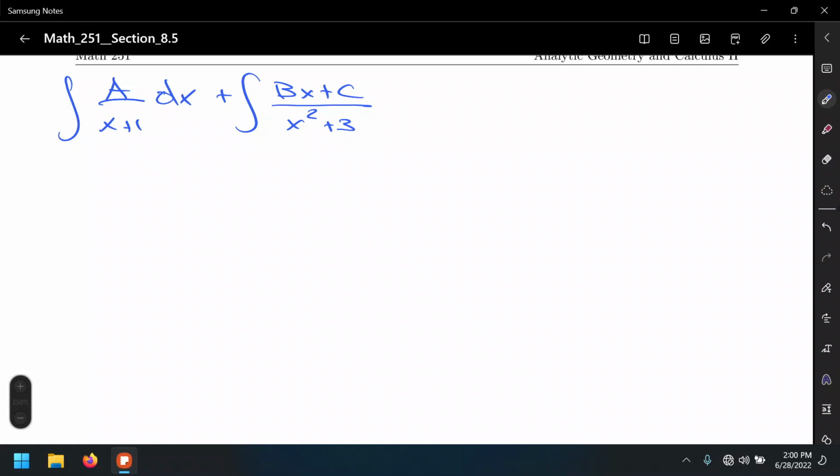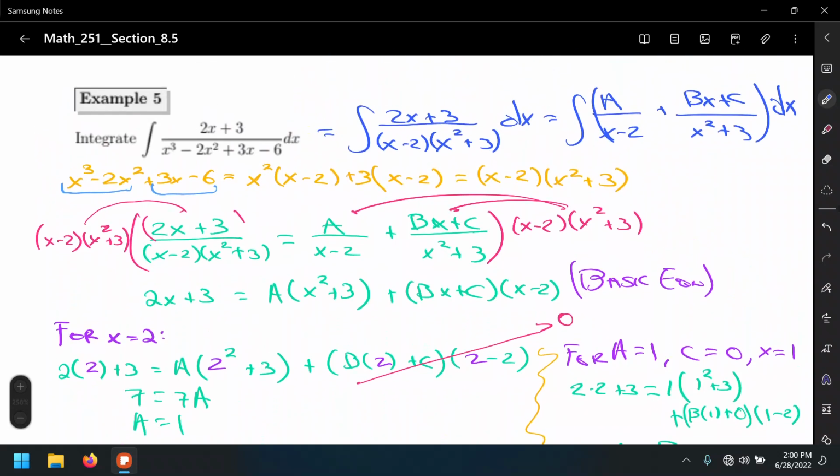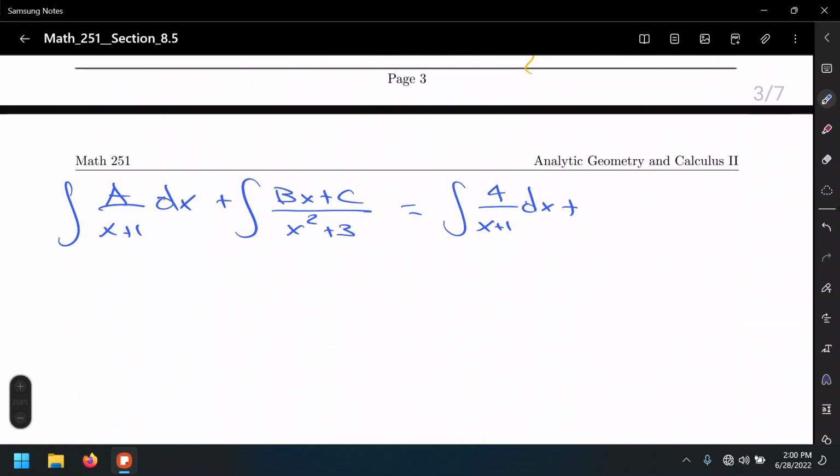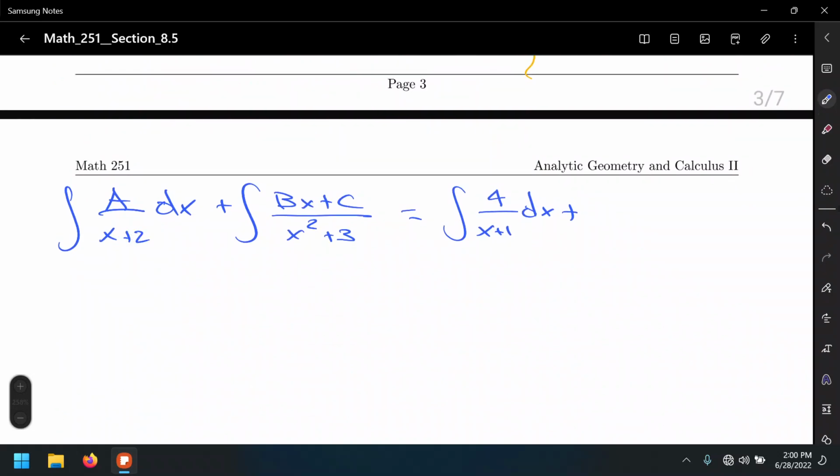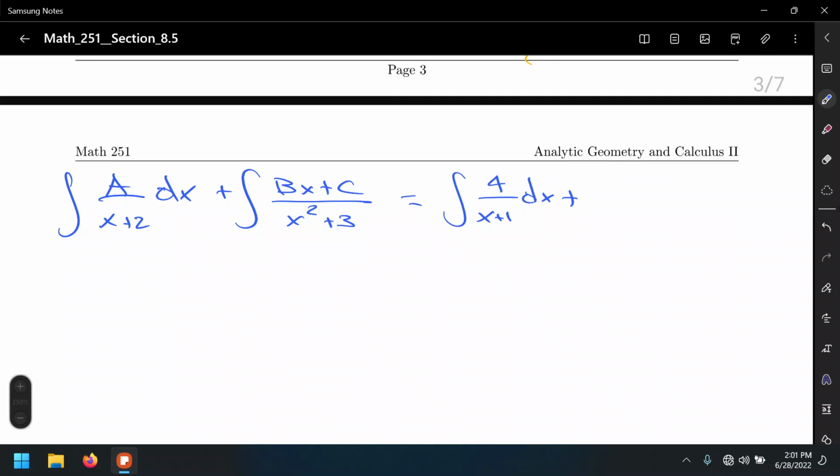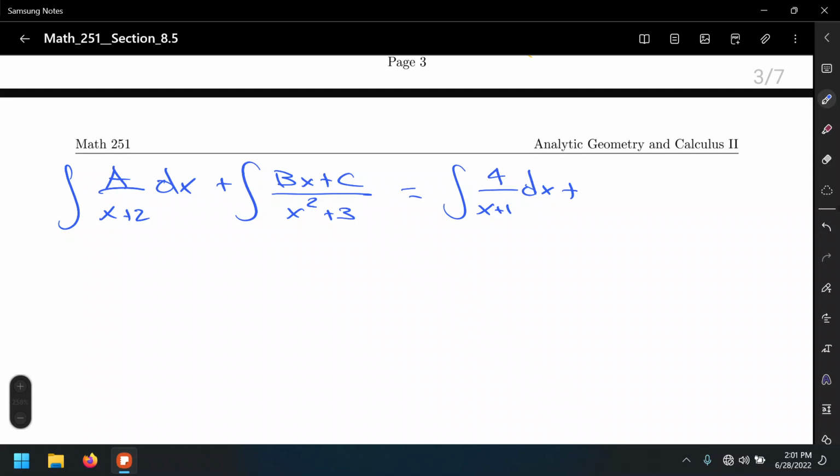Well, we got A equals 1 actually, and B, which is negative 1, negative x, plus C, which in this case is 0, over x squared plus 3. Alright, so this first integral for this one, that's fine.